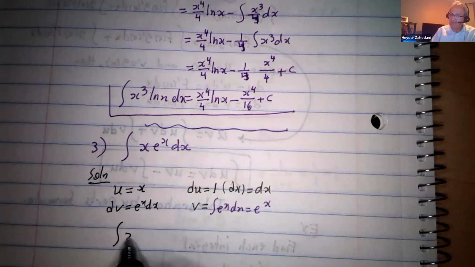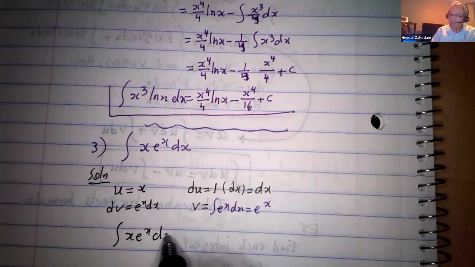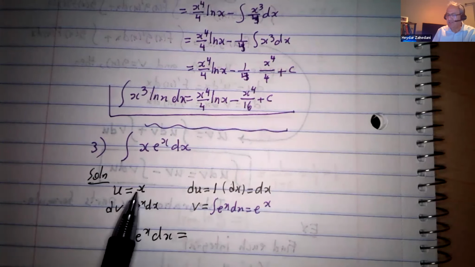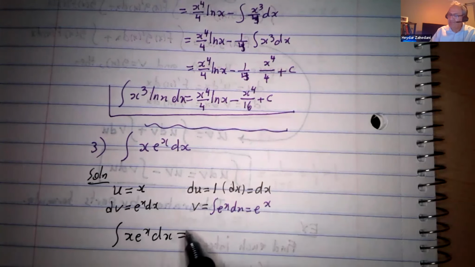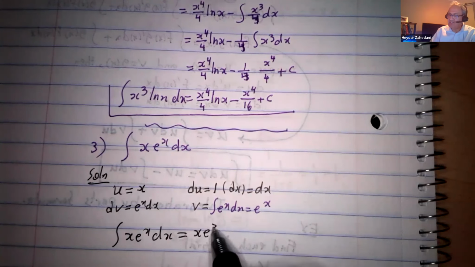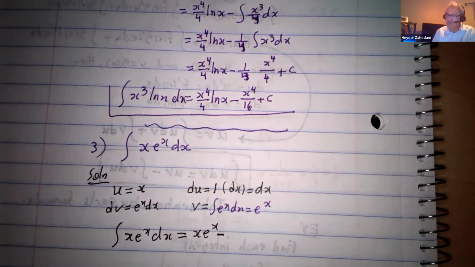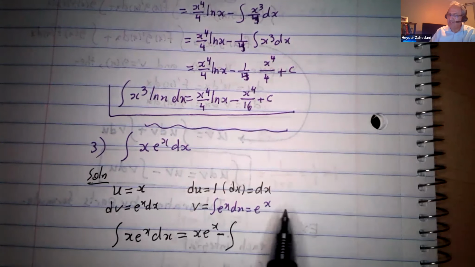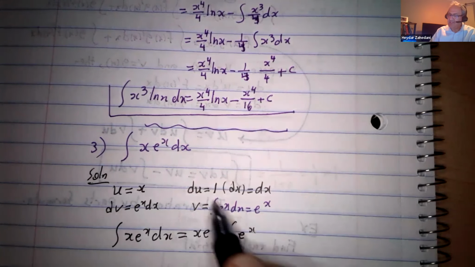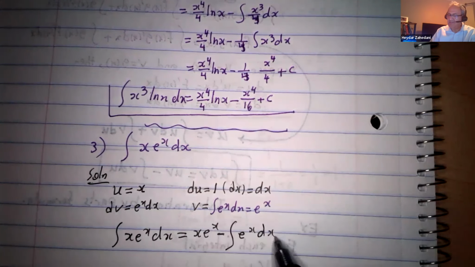You see, use the formula: the integral of x e to the x dx is equal to uv, x e to the x, minus the integral of v du. v is e to the x, and the du is dx, you see?